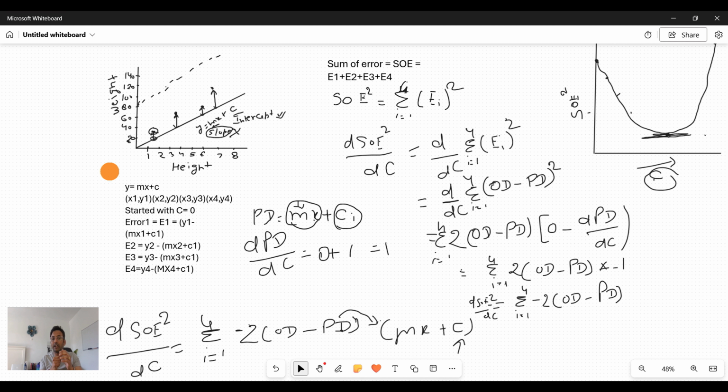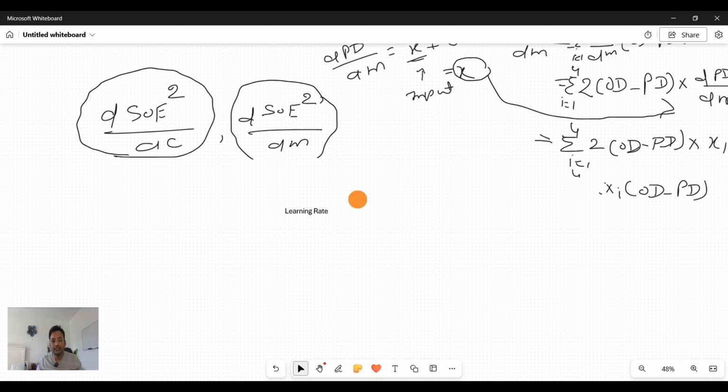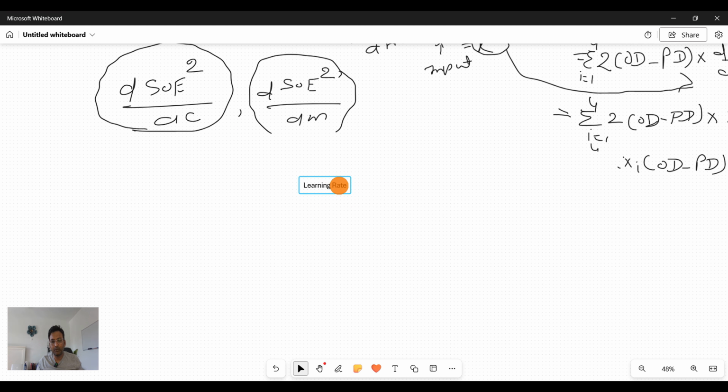Now our goal is how can we optimize this cost, and to optimize it, the important thing that comes here is gradient descent.